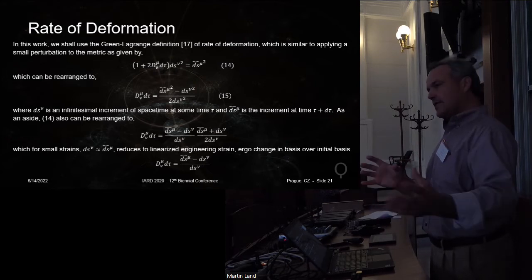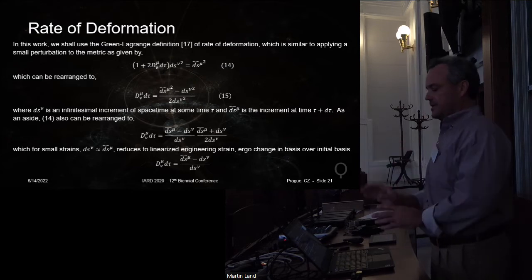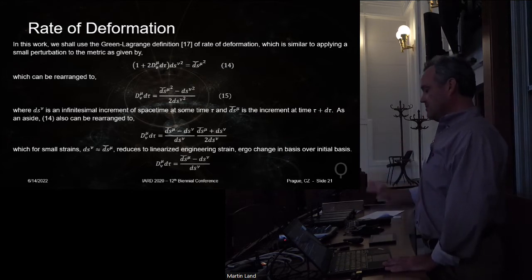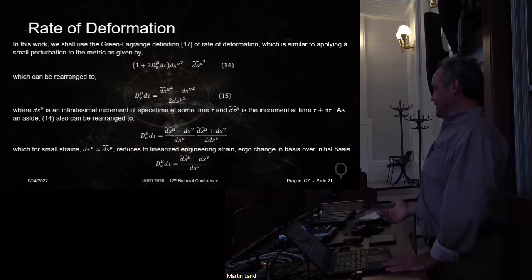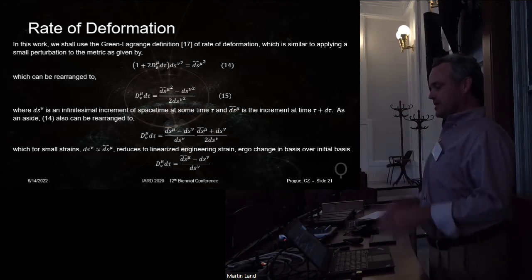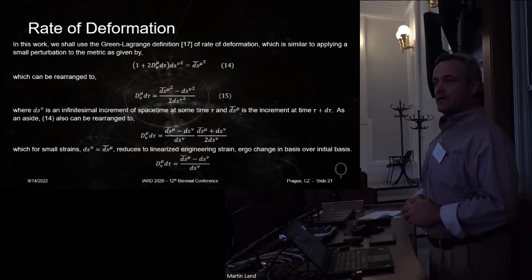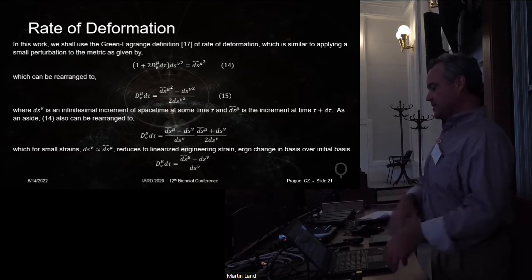So rate of deformation is some little increment of extra length, so that the length after observation 2, in honor of my Czech friends here, I'm calling ds check. So we've got ds, and ds check is in the future, okay? I should have called it G dot, but basically this is the change in the metric between observation 1 and observation 2.